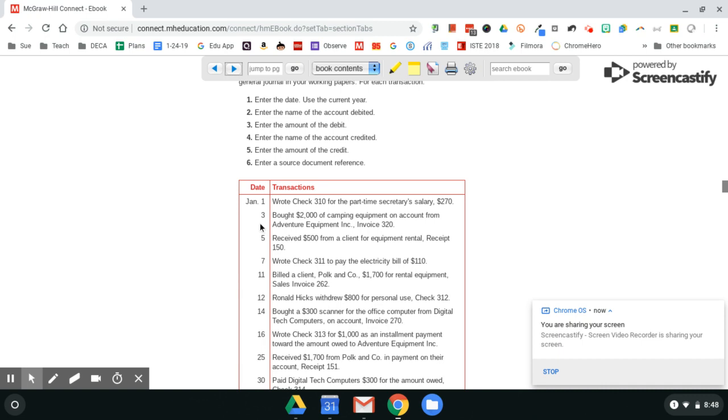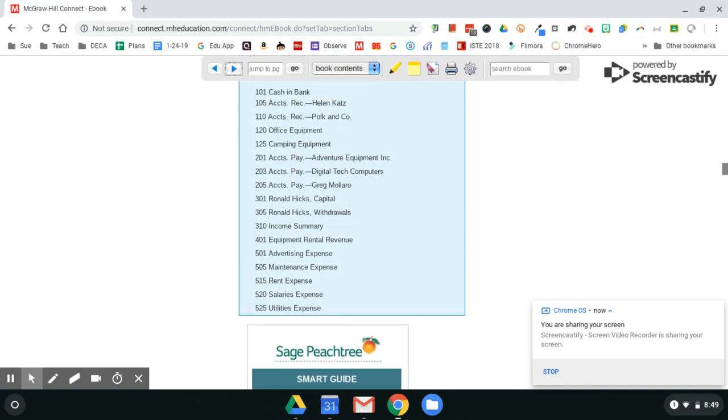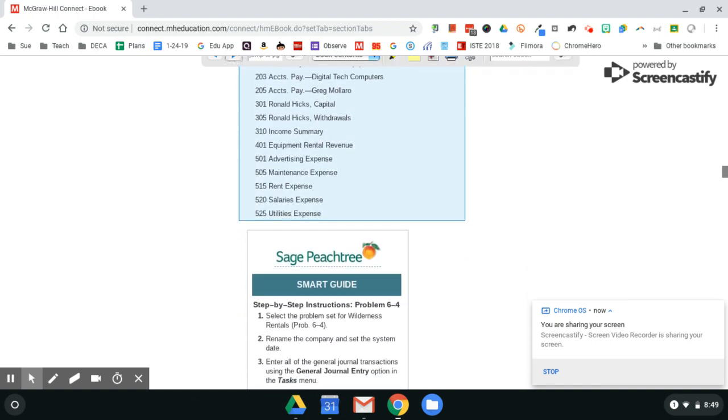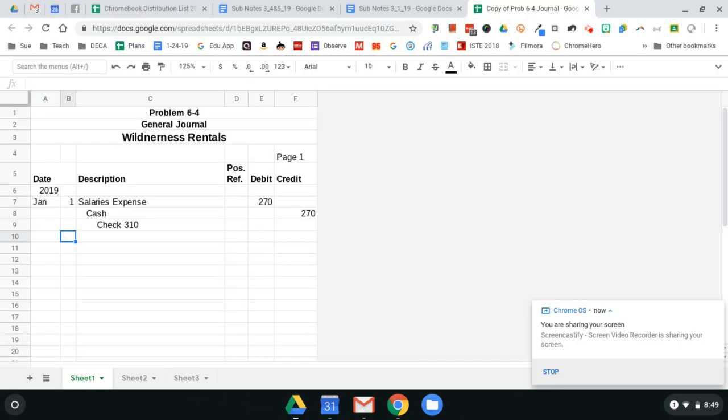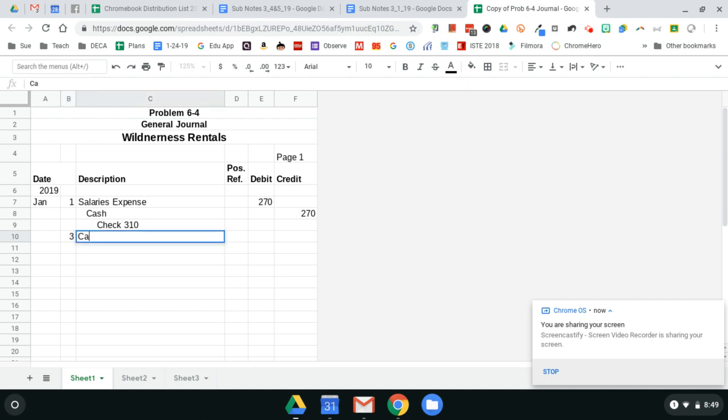Transaction 2 is on the 3rd. We bought $2,000 worth of camping equipment on account from Adventure Equipment. So it's an asset that's increasing, and it looks to be an accounts payable that's increasing. So I'm going to come up here and look at my assets, camping equipment. Okay, so it was the 3rd, and camping equipment is the debit for $2,000.